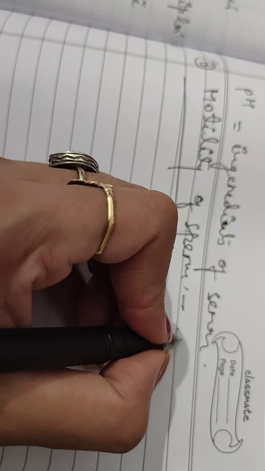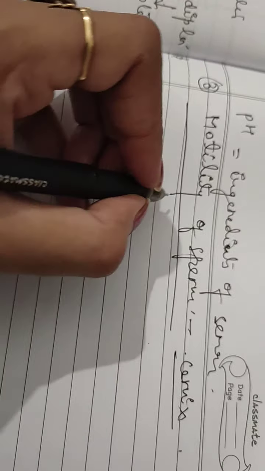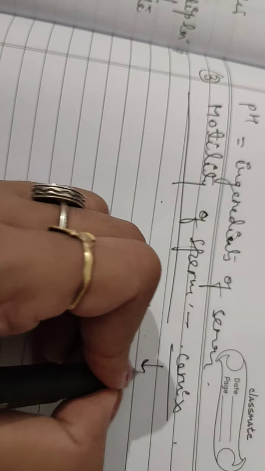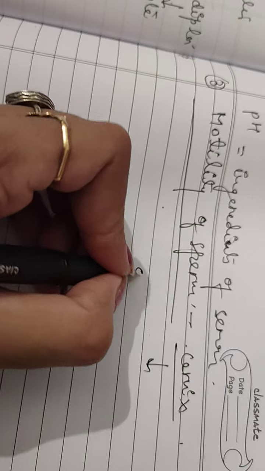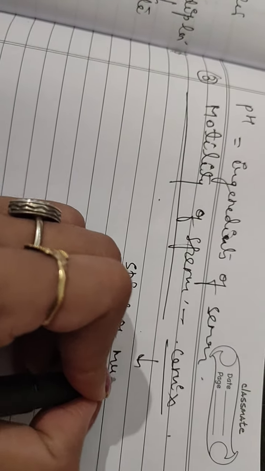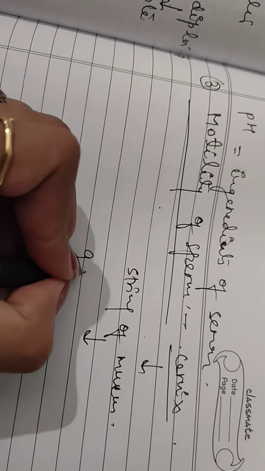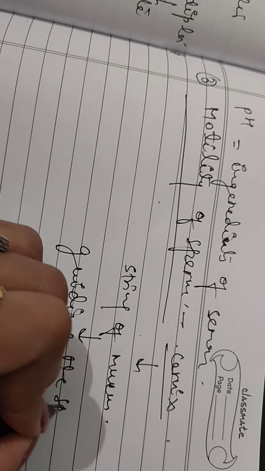As you know, the cervix releases some mucus, and the cervix also develops a string of mucus. For what? For guiding the sperm.